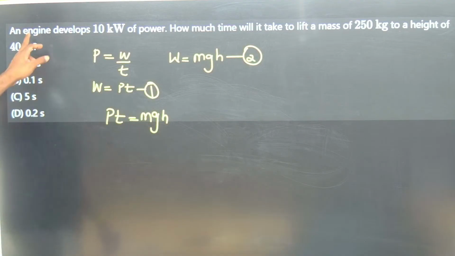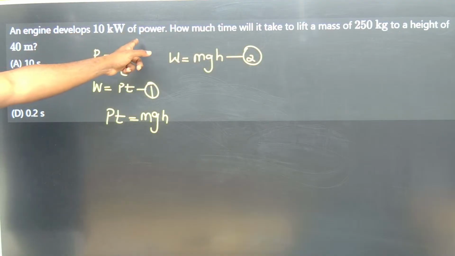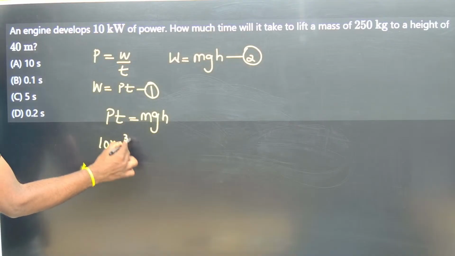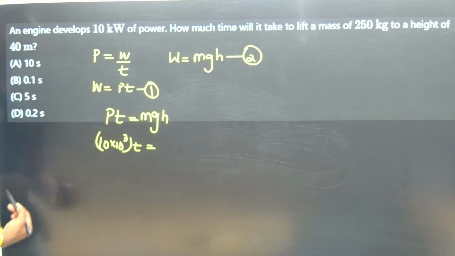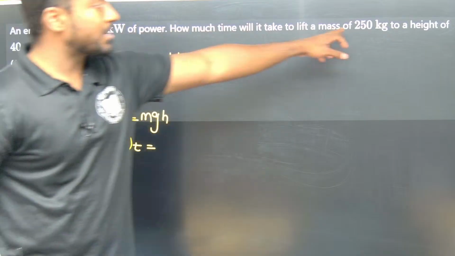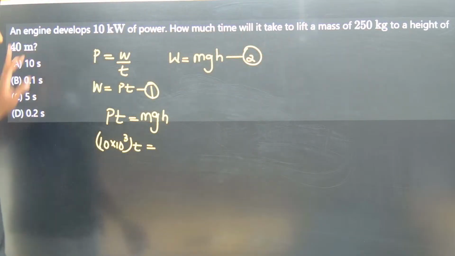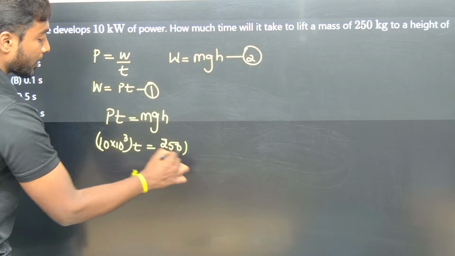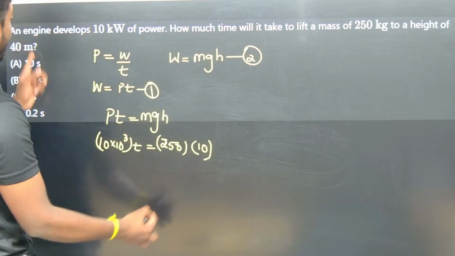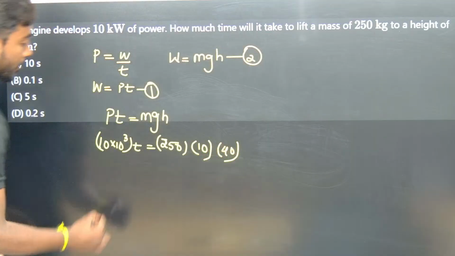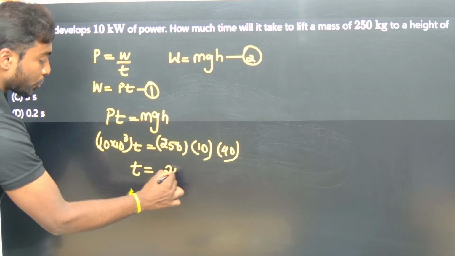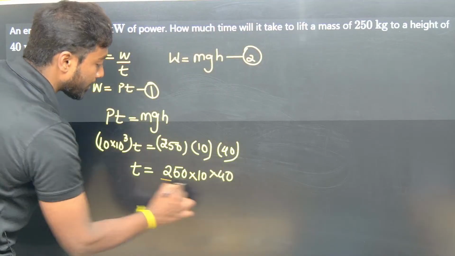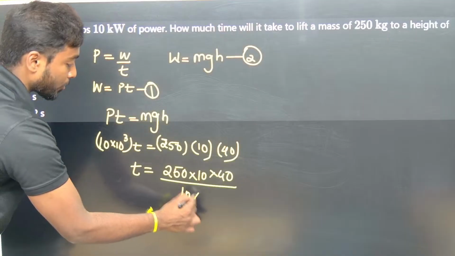Power is given, 10 into 10 power 3, into T equals, mass is given 250 kg, gravity is 10, height 40 meter. So T will be equal to 250 into 10 into 40 divided by 10 into 10 power 3.